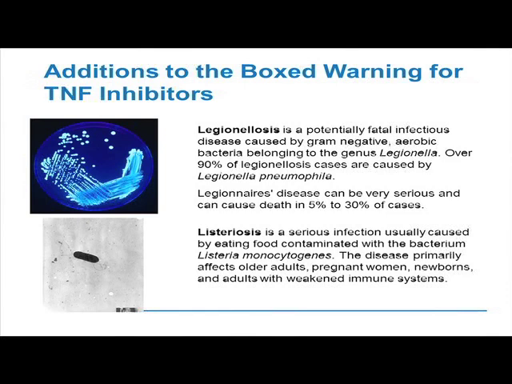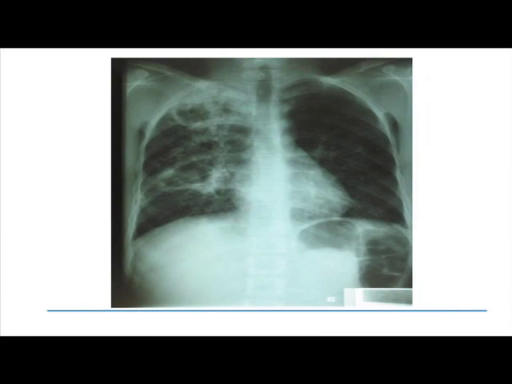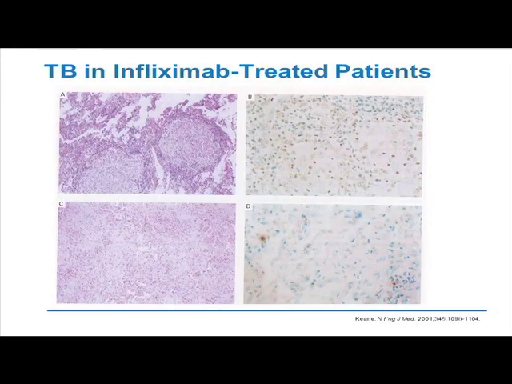Listeriosis, a serious infection often caused by contaminated food, where vulnerable populations have long been known. We now add TNF inhibitors to this group, so be vigilant for these infections. Here, with cavitary disease, would be classic patient with a mycobacterial infection. Interestingly, we knew about this disease only since about 2001.